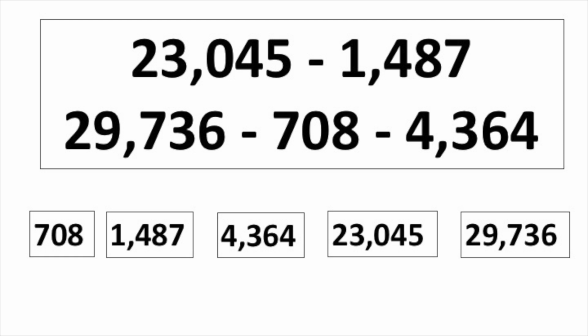You see, each time we go to the next biggest number. 23,045. Excellent, guys. And then finally, we have 29,736. Brilliant, guys. Well done. You see, each time we start from the smallest and then work our way up to the next biggest. This is what we call ascending order.